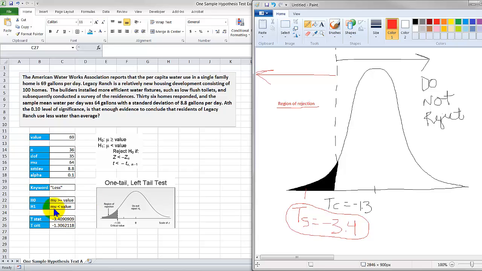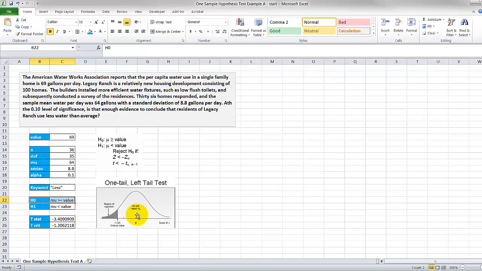So when I refer back to here, we're going to reject the premise that mu is greater than the value, which means we're going to accept the alternative premise. There's enough information provided that we can statistically claim that the mean from our survey of those 36 homes in Legacy Ranch shows they are actually statistically using less water than the national average.